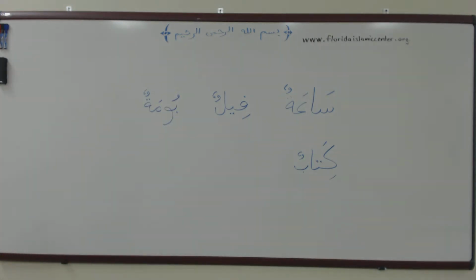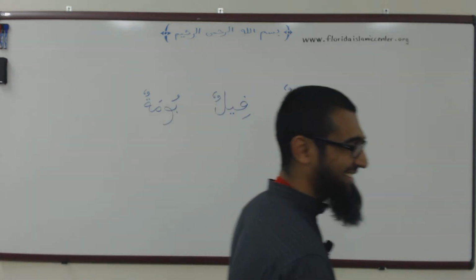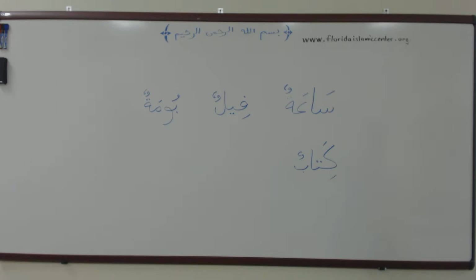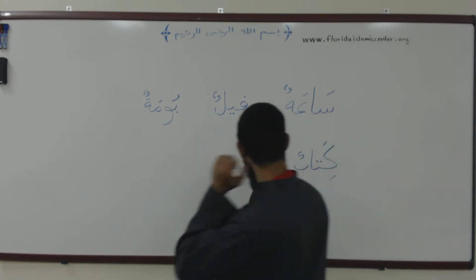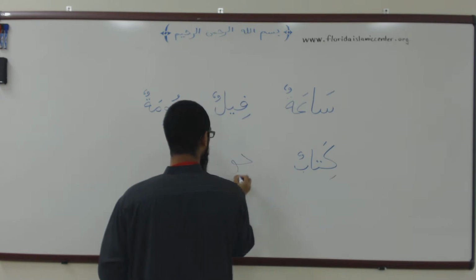Oh, you're supposed to know it. Word for whale. Okay, the word for whale is hutun. Hutun.